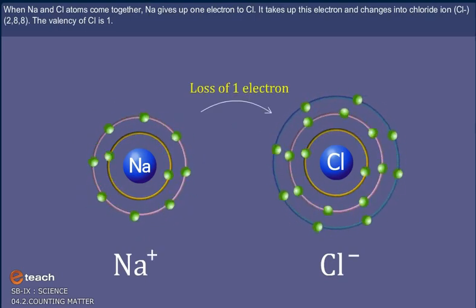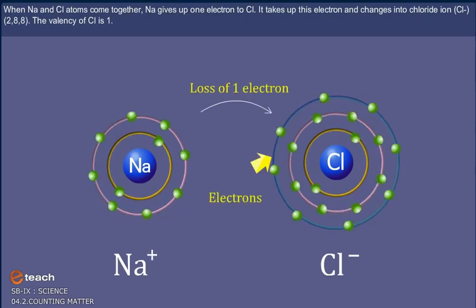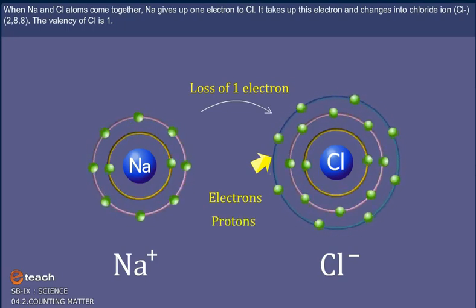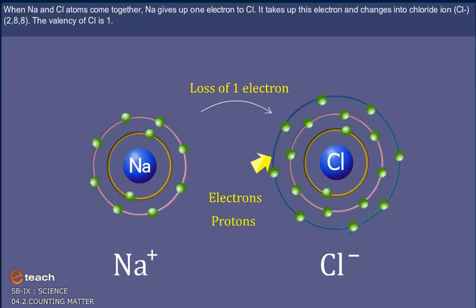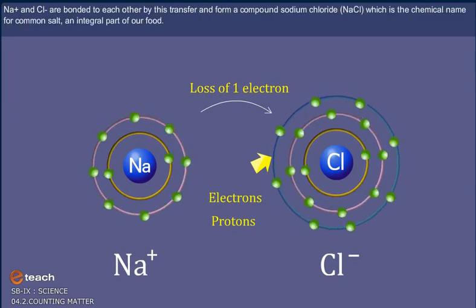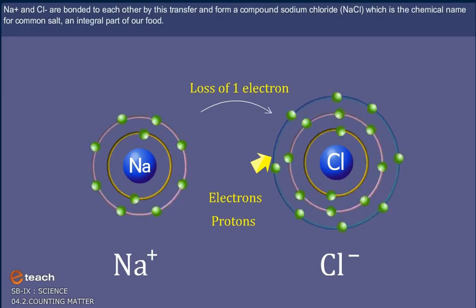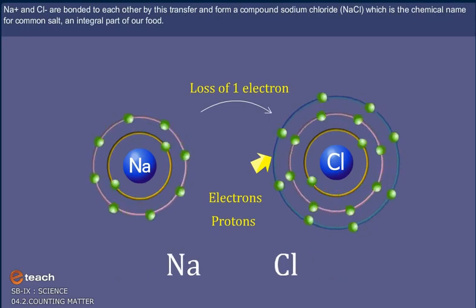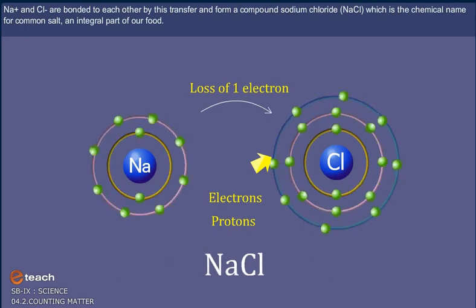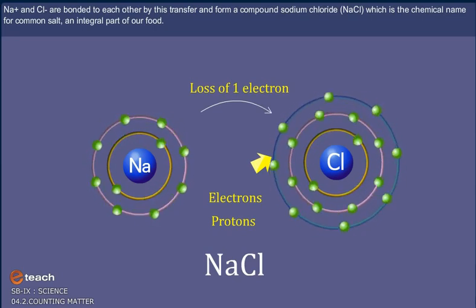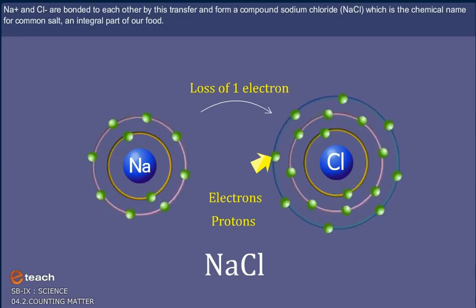It takes up this electron and changes into chloride ion, that is Cl-, 2, 8, 8. The valency of Cl is 1. Na+ and Cl- are bound to each other by this transfer and form a compound sodium chloride, that is NaCl, which is the chemical name for common salt, an integral part of our food.